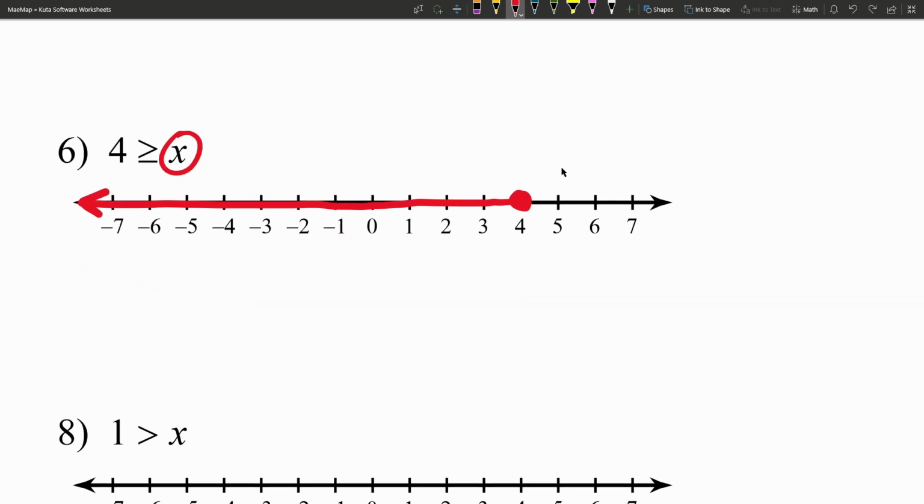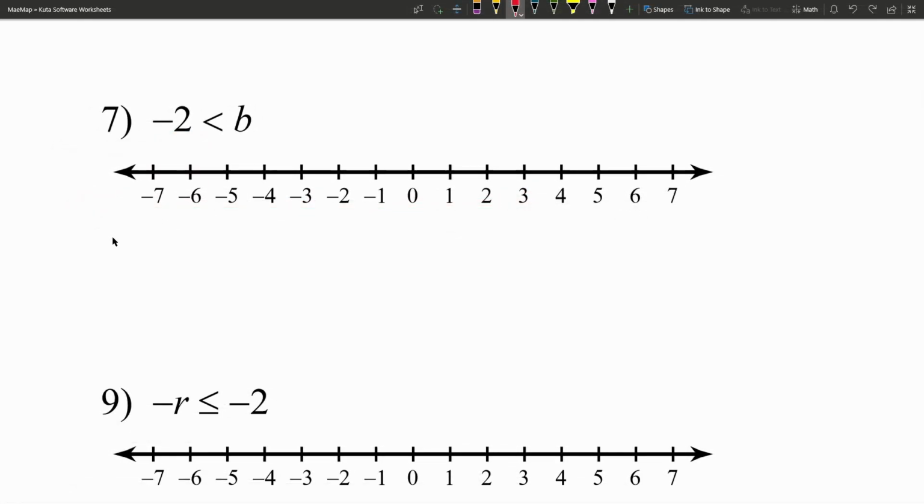Let's move on to number 7. In number 7, we have that -2 is less than b. So locating -2 on our number line, are we going to fill it in? No, we're not, because we don't have less than or equal to, we just have less than. So again, thinking about it, b is that larger value.